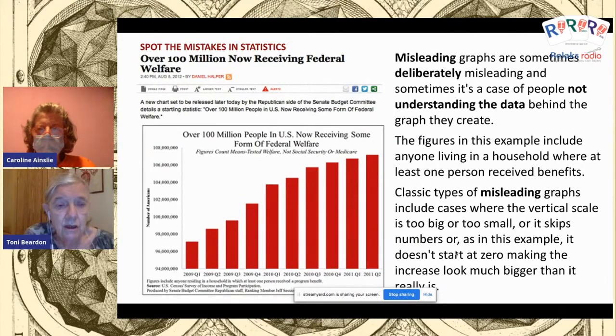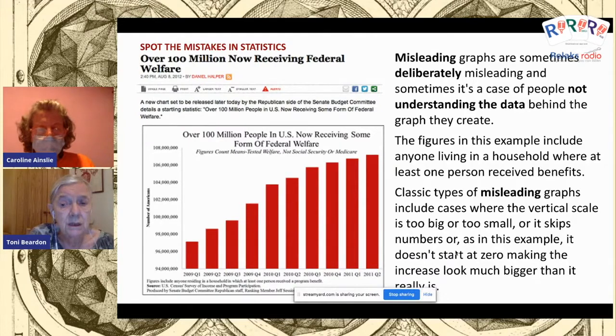You see how the height of the bar is increasing, and it seems to be quite a sharp increase from the first one in 2009 to the last one in 2011, 2 years. That seems to be a really big increase if you just look at those red bars.